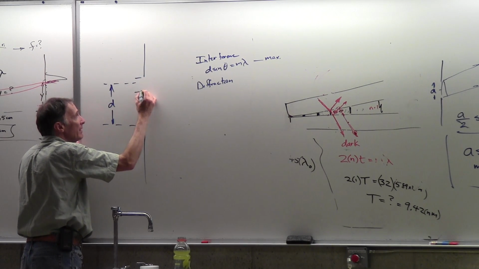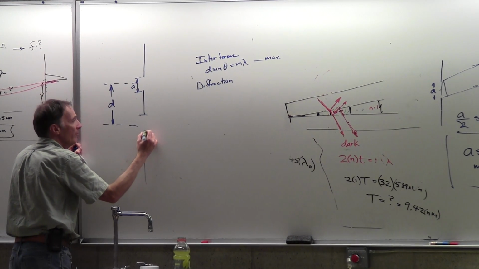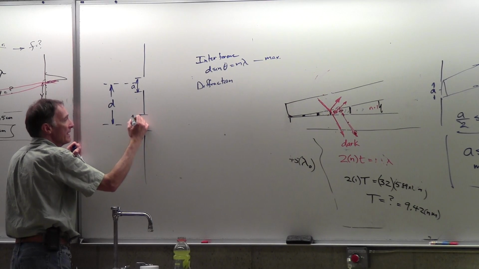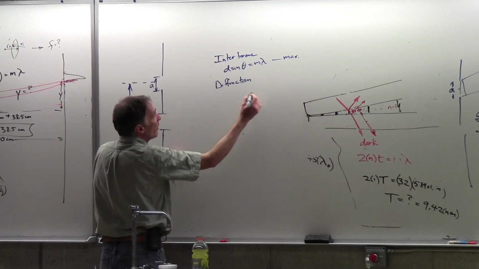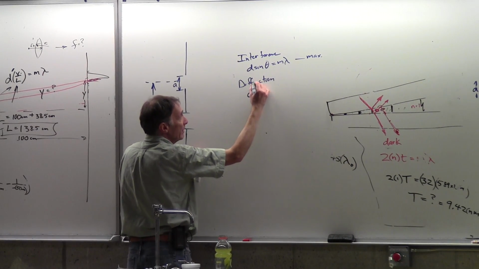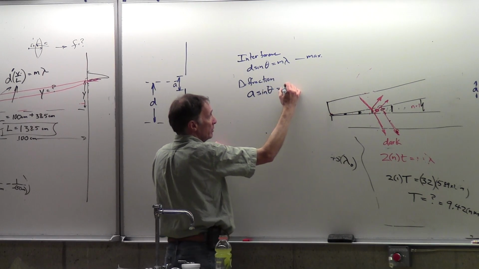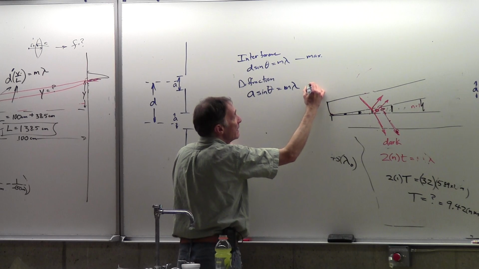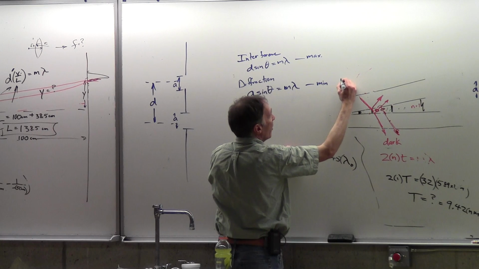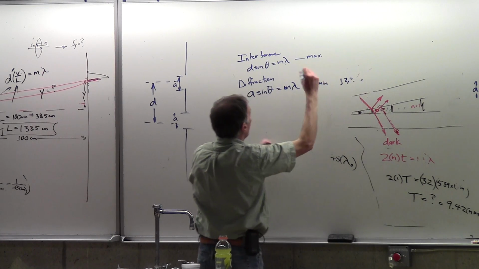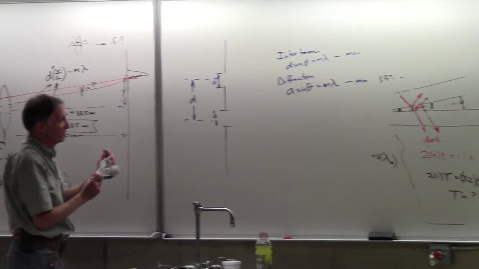So that's going to be the distance between here, and that's going to be A. I'm going to assume that both slits are the same A. Simplify that. And this is going to be for a minima, that A, the slit width. So these look very, very similar. A sine theta is equal to m lambda is a minima. But again, it can't be 0. It has to be 1, 2, 3, and so on. For interference, you can have an m equal to 0. That's your central maximum.